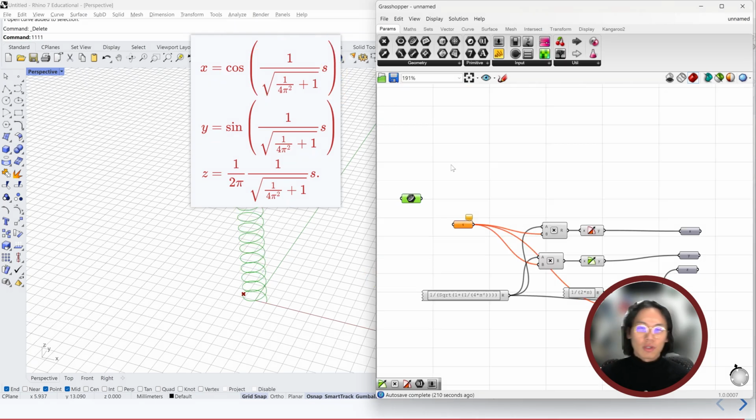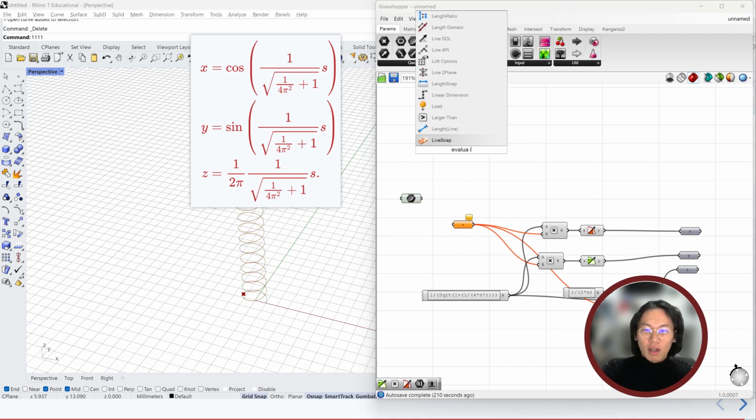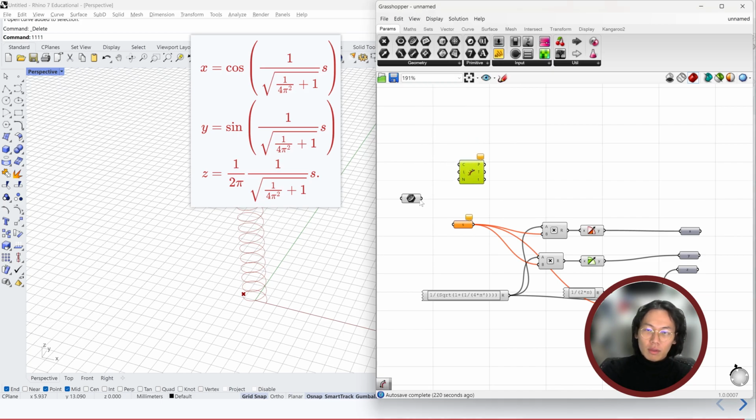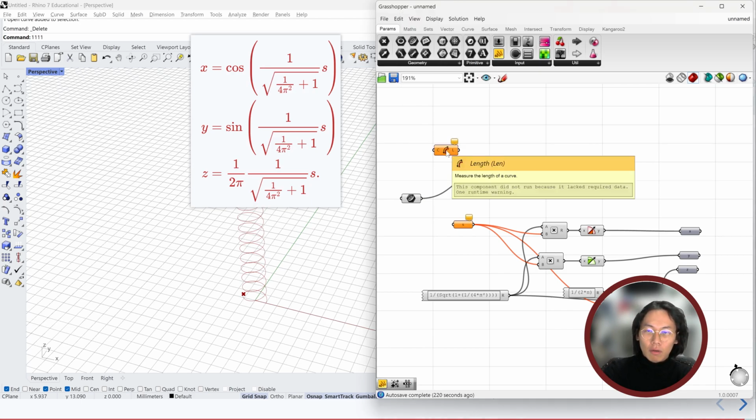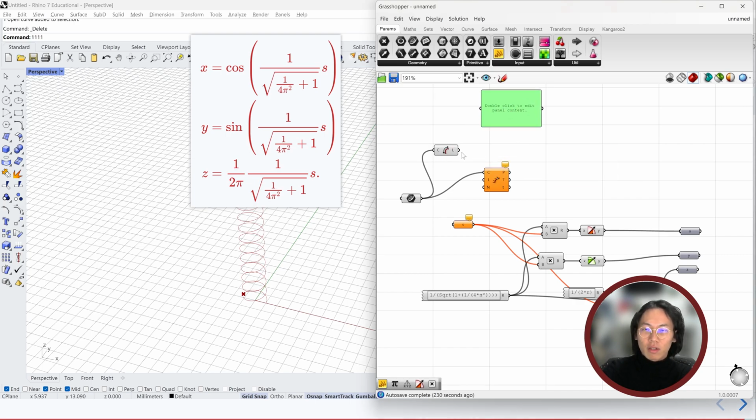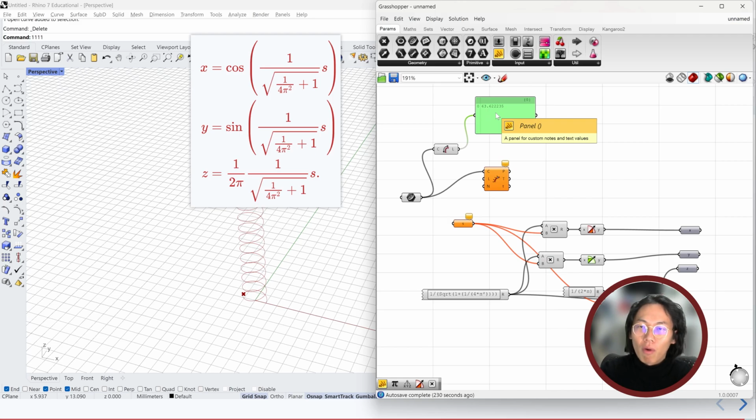Now go to the arc length part, and for simplicity, I will use evaluate length. Let me see how long this curve is, and it's saying that it will be 63.62235.